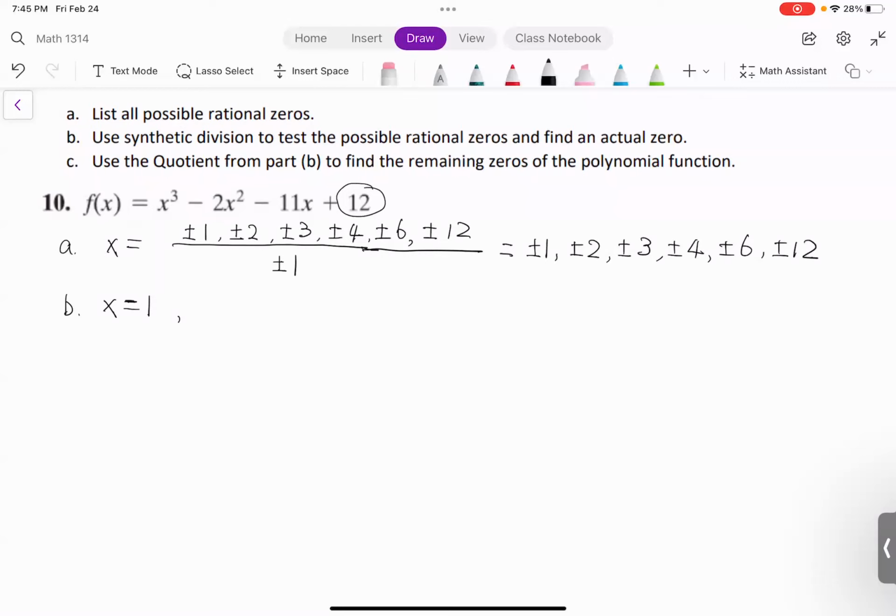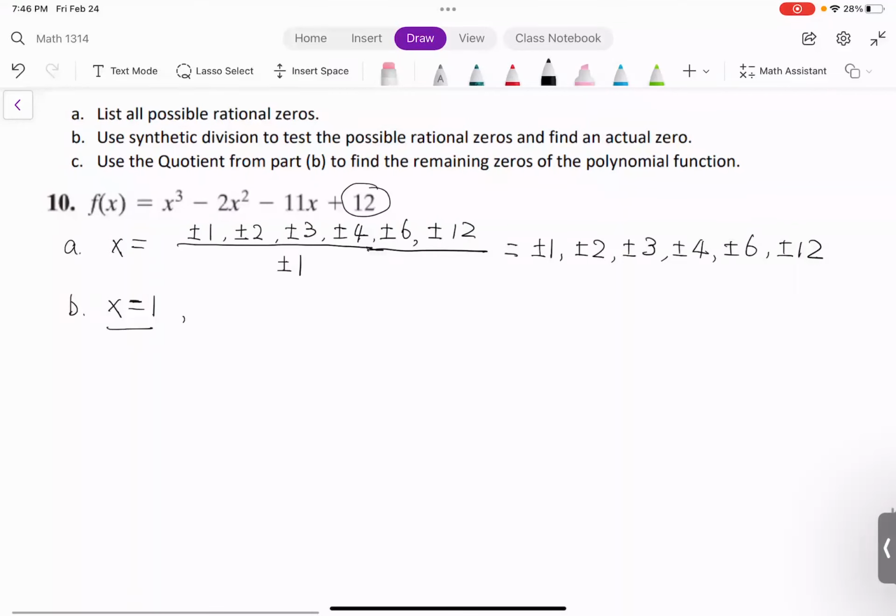The divisor means x subtract or plus something equals 0. So from x equals 1, I can subtract 1 from both sides: x minus 1 equals 0. This is the divisor form. So let's use synthetic division to find the quotient.